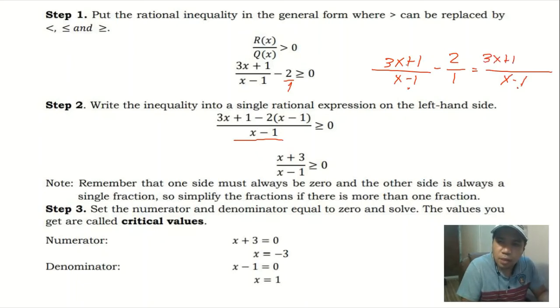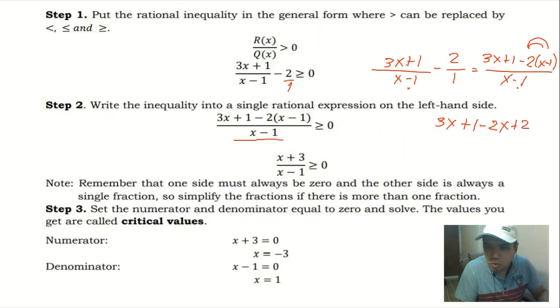X minus 1 divided by 1 is x minus 1 times 2, minus 2 times x minus 1. Then simplify lang muna. So this will be negative 2x plus 2. So 3x plus 1 minus 2x plus 2 all over x minus 1.